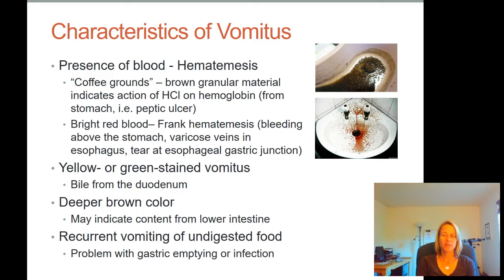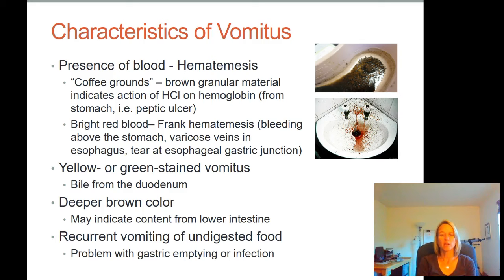Let's talk about some characteristics of vomitus. Presence of blood is hematemesis. If it's coffee-ground-like, as shown in this picture here, brown granular material, that indicates that hydrochloric acid has acted on hemoglobin. So the bleeding is from the stomach, such as a gastric peptic ulcer.